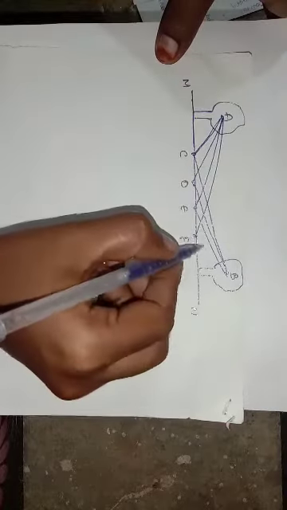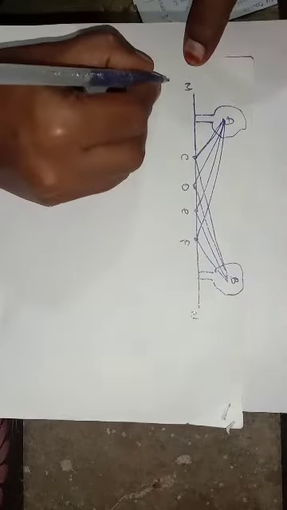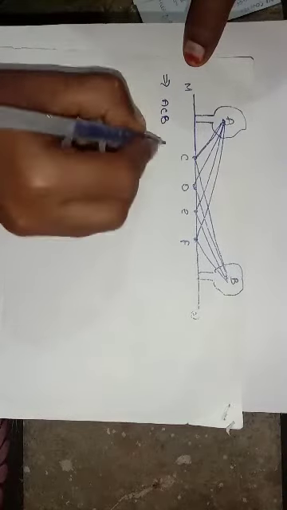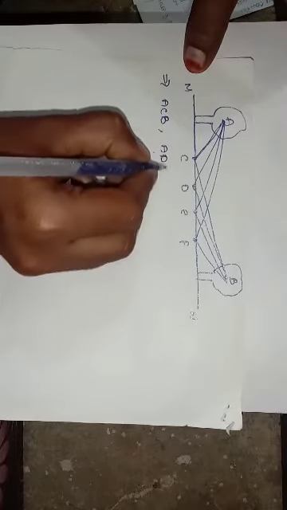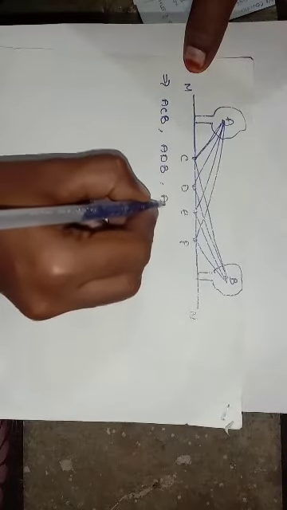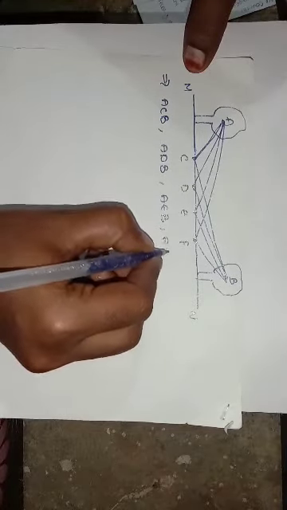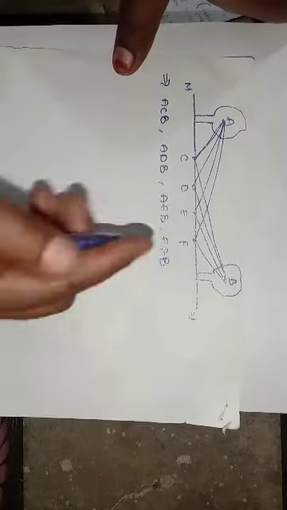The paths it has to travel are ACB first, and second ADB, and AEB, and AFB. Among these 4 paths, which one is the least path? Which path takes least time? We have to find.